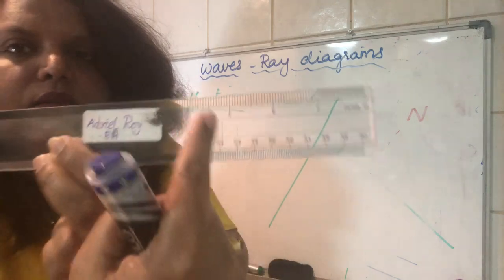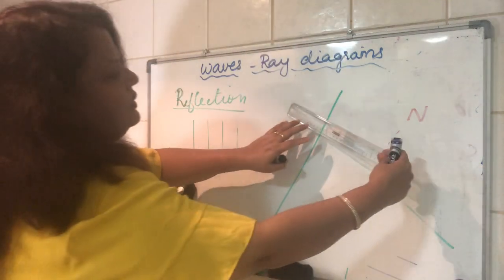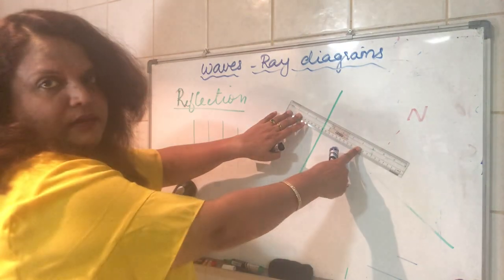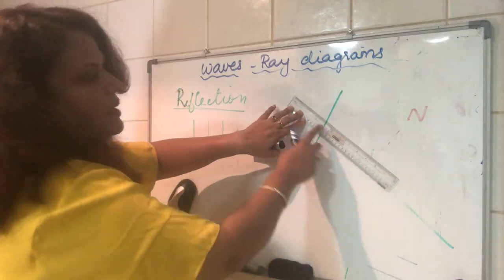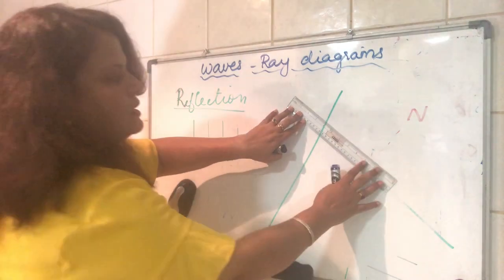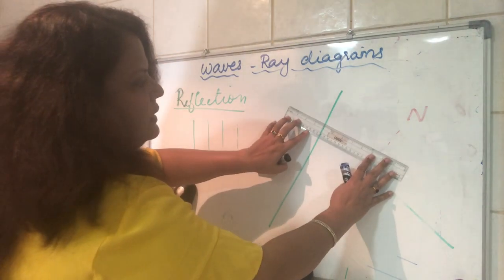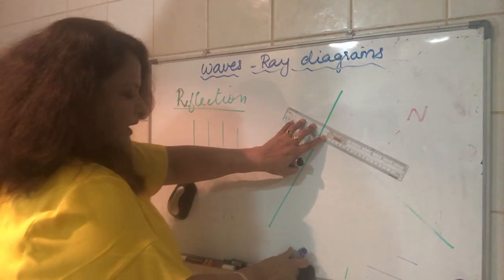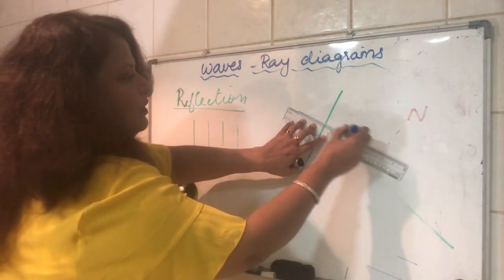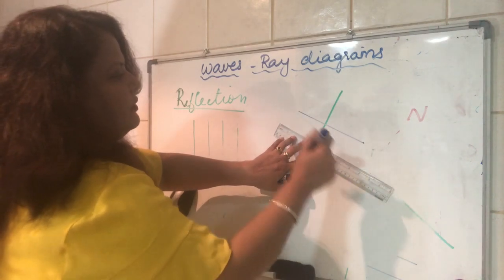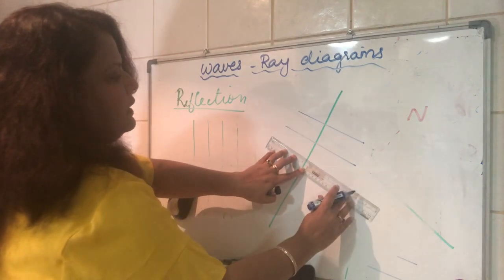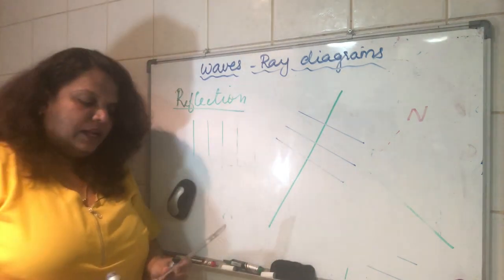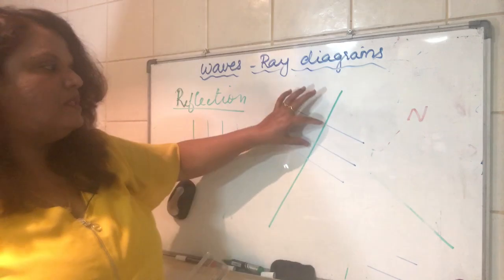Make sure one of the markings is coinciding with the line. Now, if I keep it like this, it is not coinciding. Okay, adjust it so that the line is exactly coinciding with the line that is already drawn. Then, if you draw alongside, you will get a perfect 90-degree line.